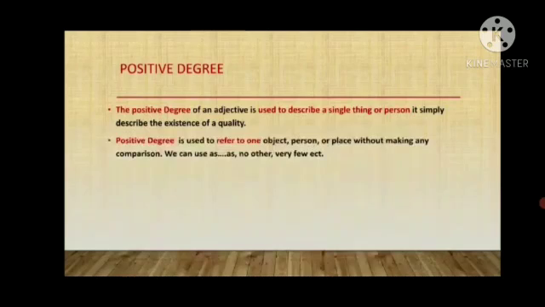We can use as, no other, very few words to make positive degree. For example, Raj is tall. In this sentence, you can know the height of Raj, that he is tall. She is beautiful. Here, her beauty is described in a sentence.